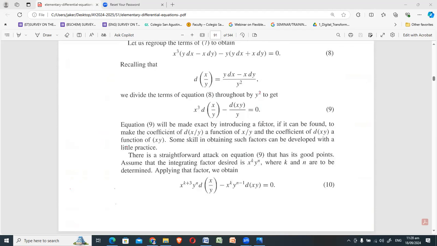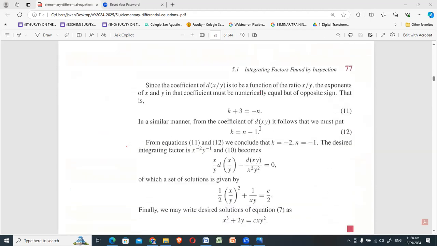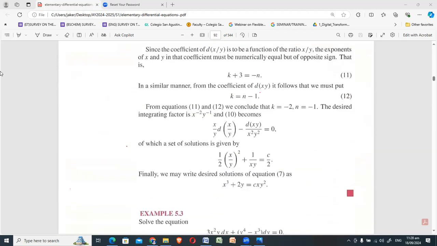Your DE equation 9 should be multiplied to, so this should be the multiplier. It should be multiplied to x raised to negative 2, y raised to negative 1. Because the negative 2 here is for the x, and the negative 1 is for the y.